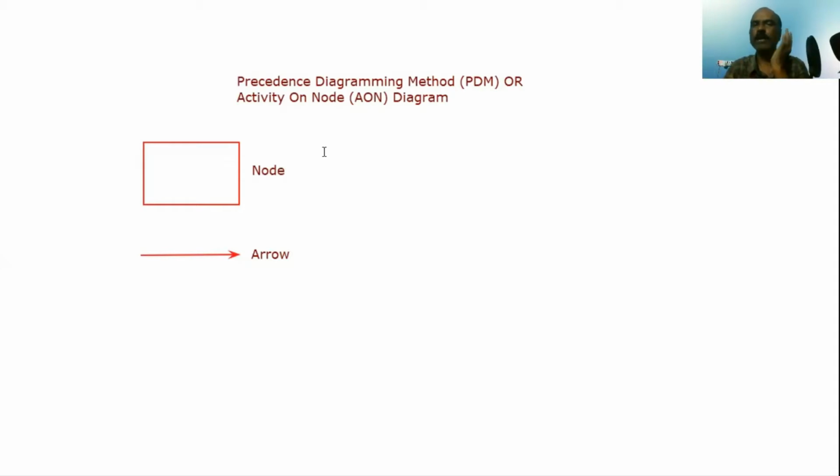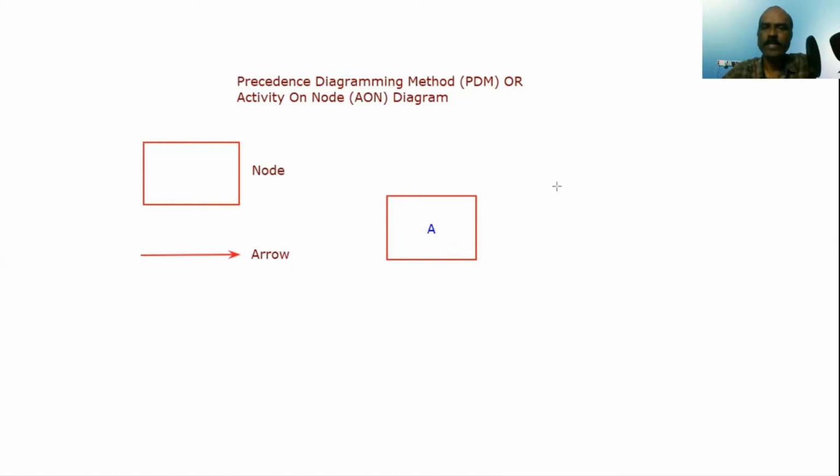Now, what is shown in the precedence diagramming method? Let's say you have two activities. Let's say there is an activity A. The activity will be represented by a node. The activity is written on the node. So this is the node on which I am writing the name of the activity. That's why it's called activity on node.